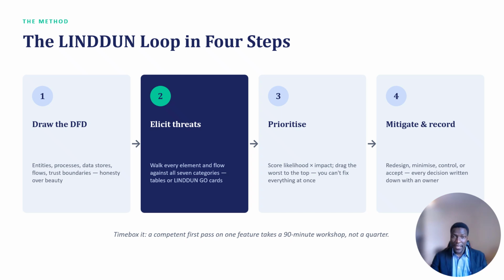In step 3, this is where we prioritize, after we've identified threats based on the way data is moving across the system. We prioritize the likelihood and the impact. What's the worst that can happen, right? Based on this threat, what's the worst thing that can happen, and then make sure we have it documented.